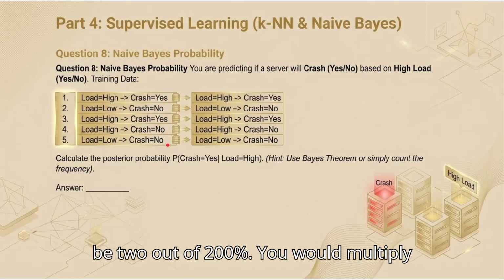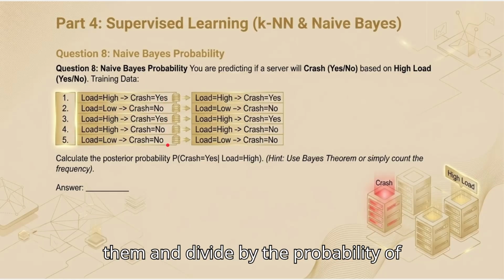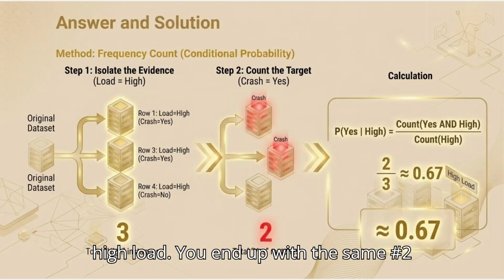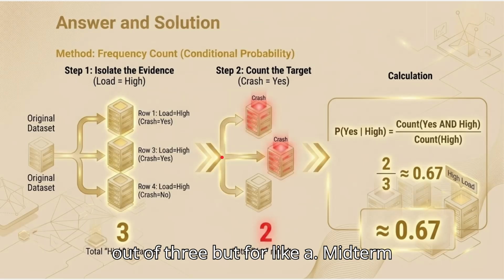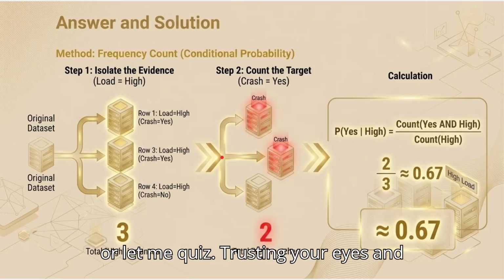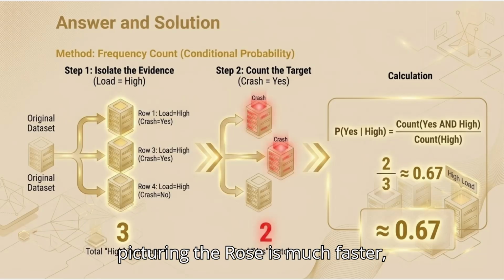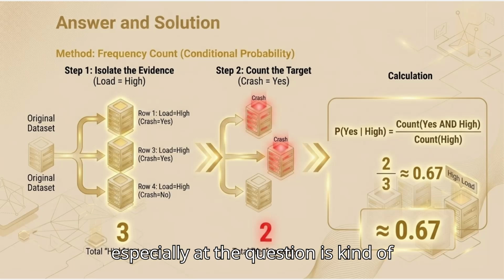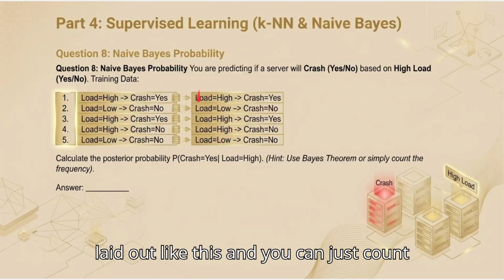You would multiply them and divide by the probability of high load. You will end up with the same number, 2 out of 3, but for a midterm or a quiz, trusting your eyes and filtering the rows is much faster, especially if the question is laid out like this and you can just count the rows for yourself.